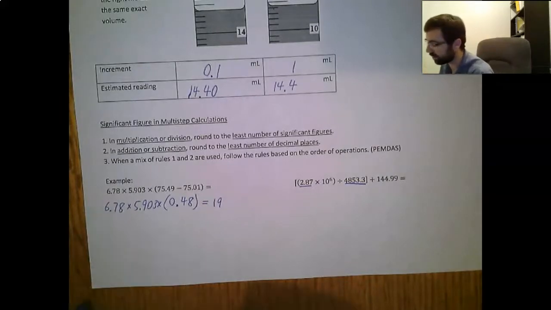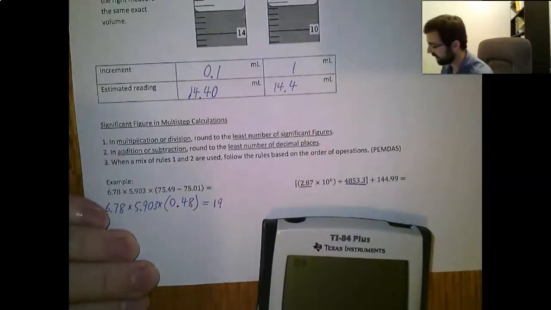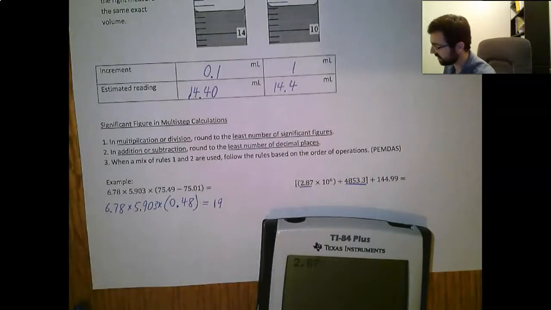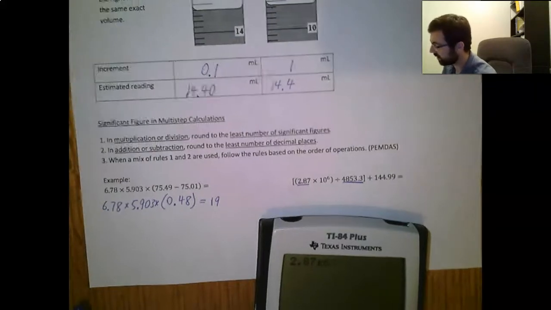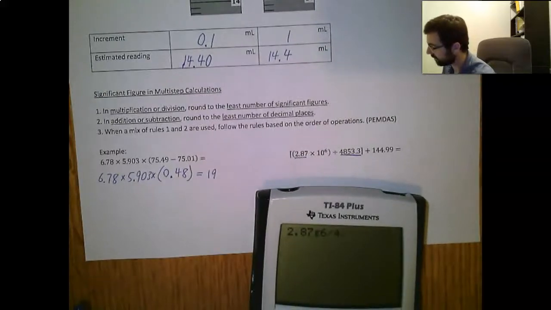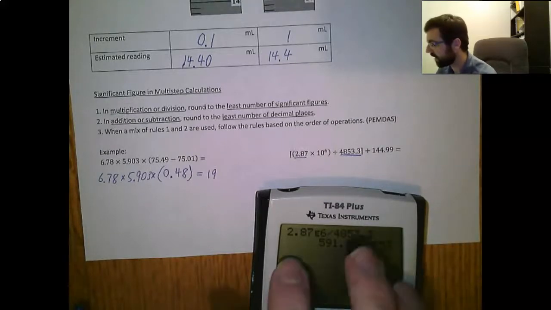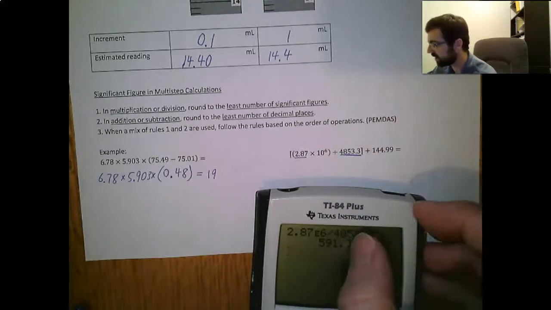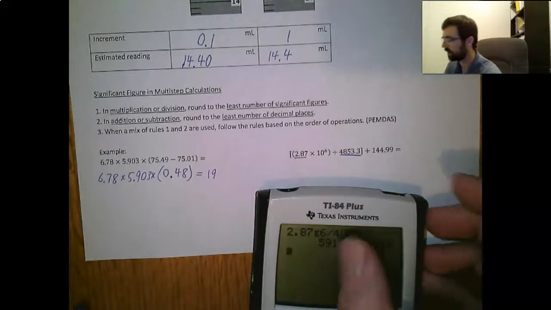So I need to do what's in parentheses first. 2.87 times 10 to the 6th divided by 4,853.3, and I get that number. I need to keep the least number of sig figs, so I'm going to keep 591. Check the next one, it's below 5, so it's just 591.